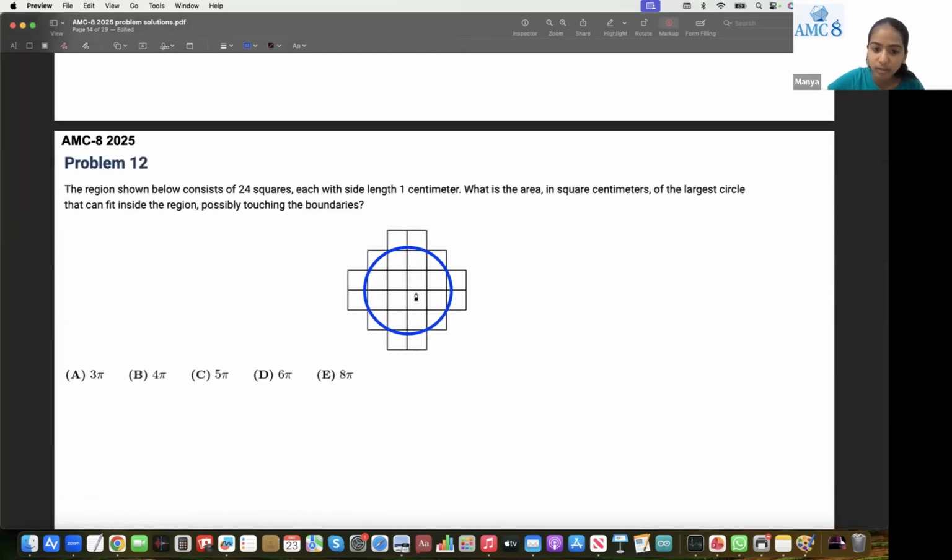So suppose that the radius is equal to 2, then what would be the area? The area would just be pi r squared, and the radius is 2, then it would be 4 pi. That's only if the radius is equal to 2. But now we know that the radius is just slightly more than 2.